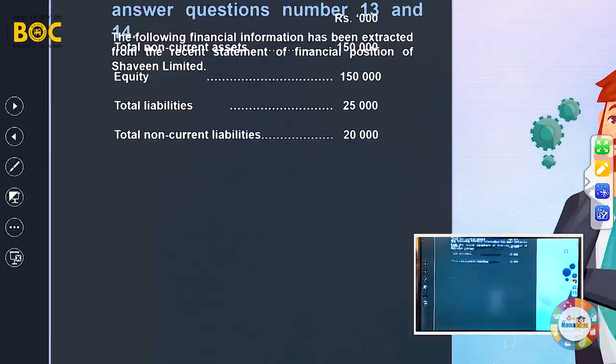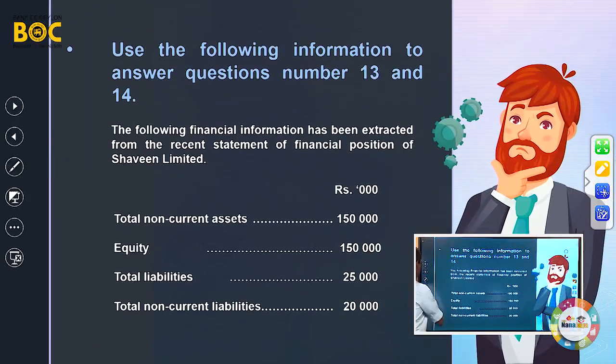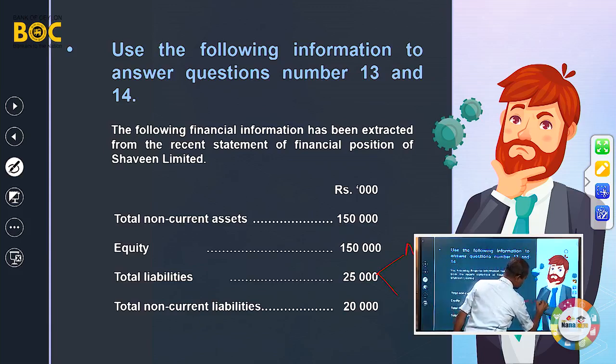The total liabilities 25 million includes non-current liability 20 million. The non-current liability 20 million is given. Then the balance will be current liabilities.